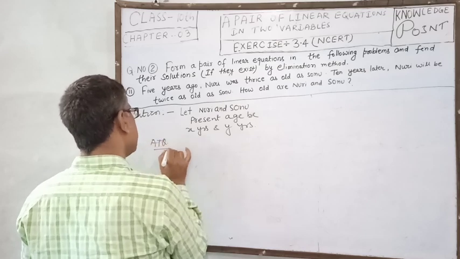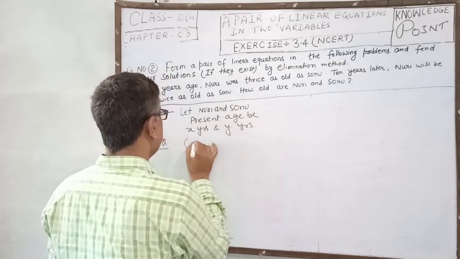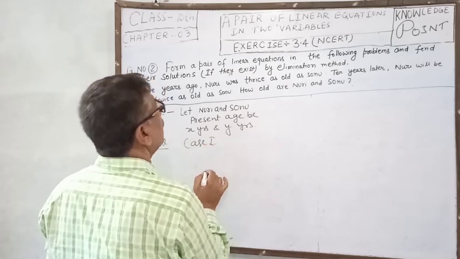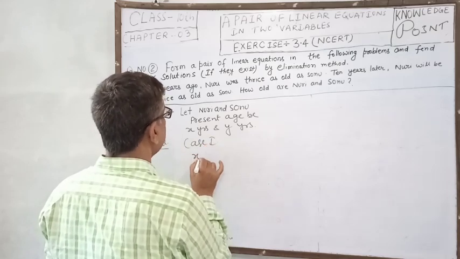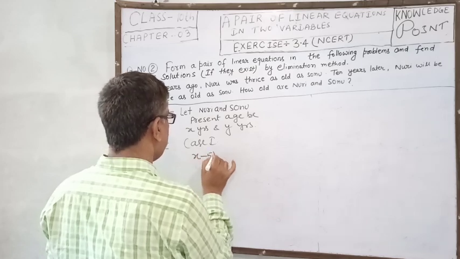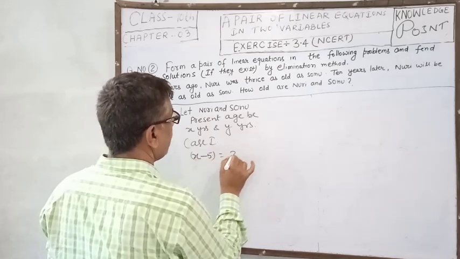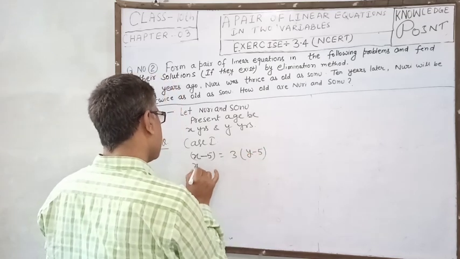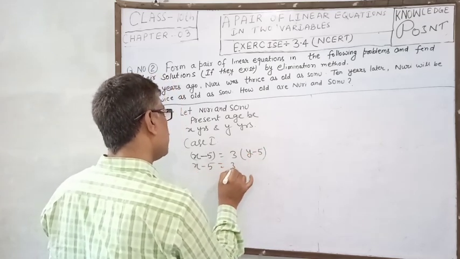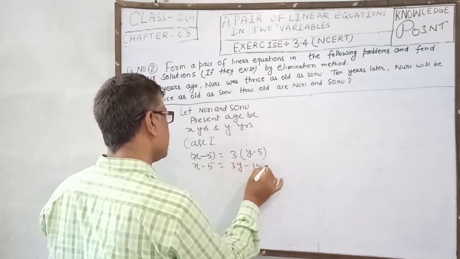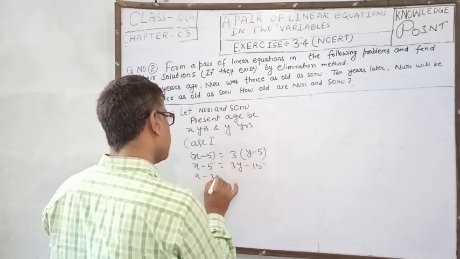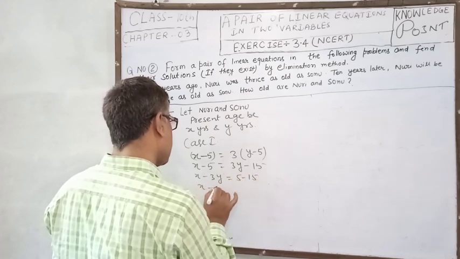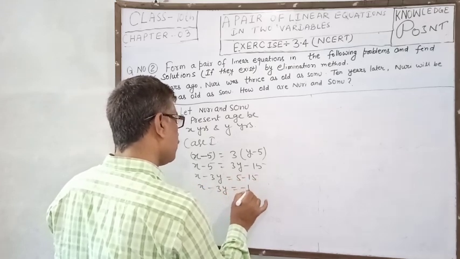According to the question, case first: X minus 5 is thrice Y minus 5. X minus 5 equal to 3Y minus 15. X minus 3Y equal to 5 minus 15. X minus 3Y equal to minus 10.